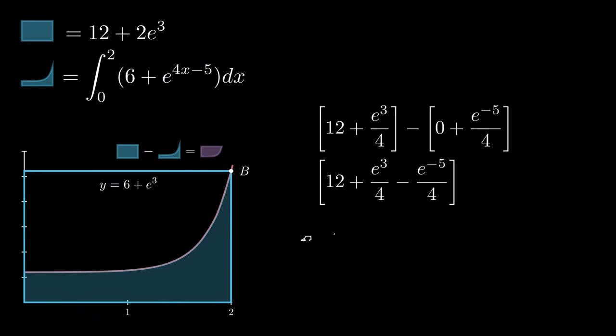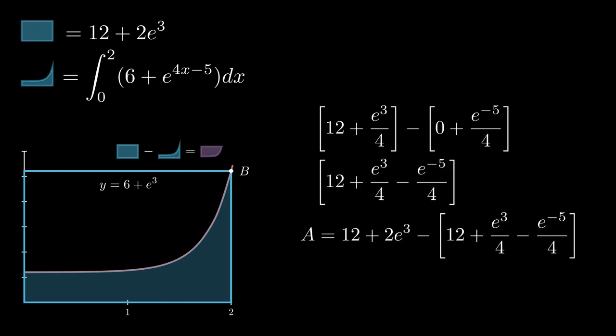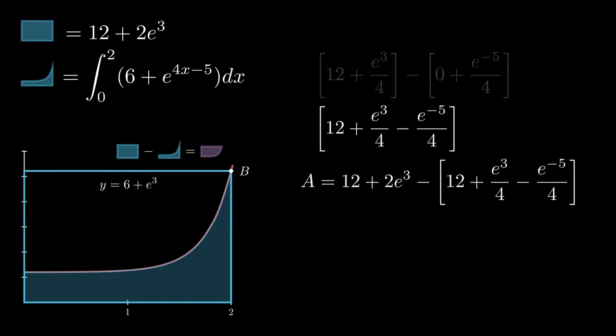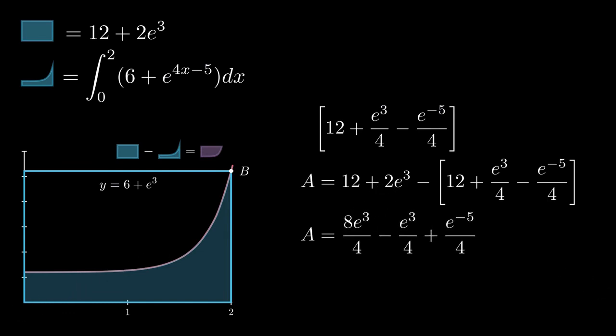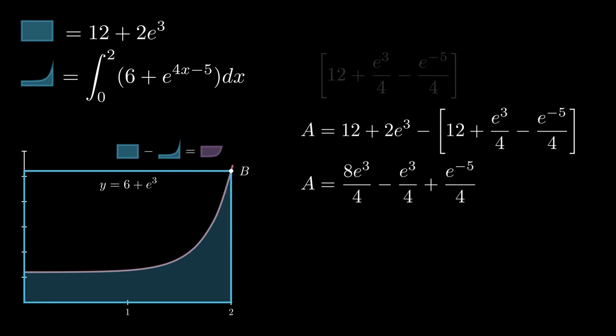All right. So now, pretty simple to get our shaded region. We just get the difference of these two. And yeah, that's it. Our 12s cancel. That's nice. We have e to the power 3s that we can combine.